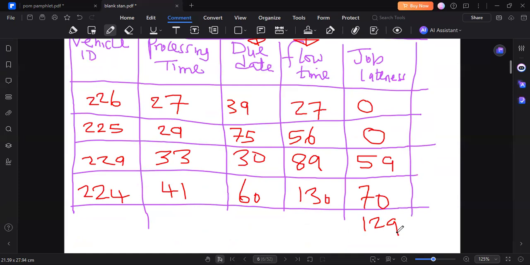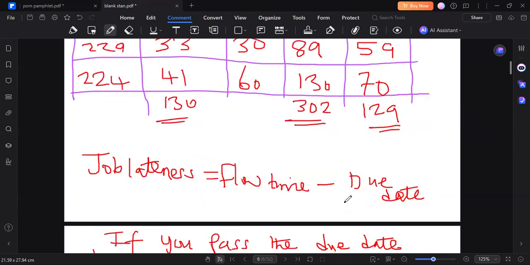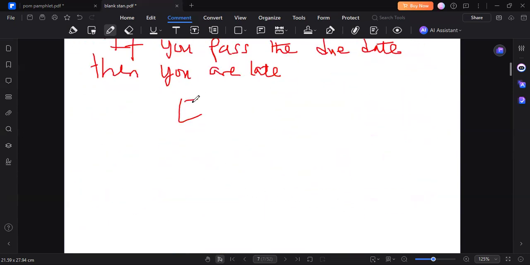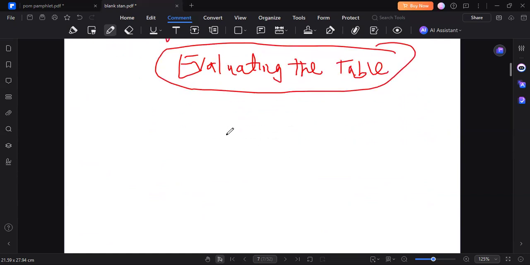So 27 plus 56 plus 89 plus 130, 302, and 130. These are the totals. So evaluating the table, average flow time.